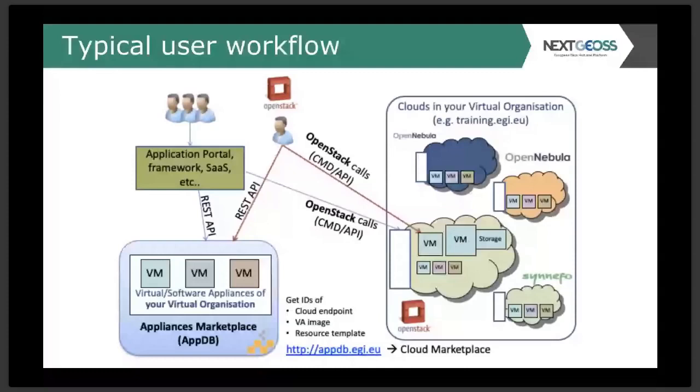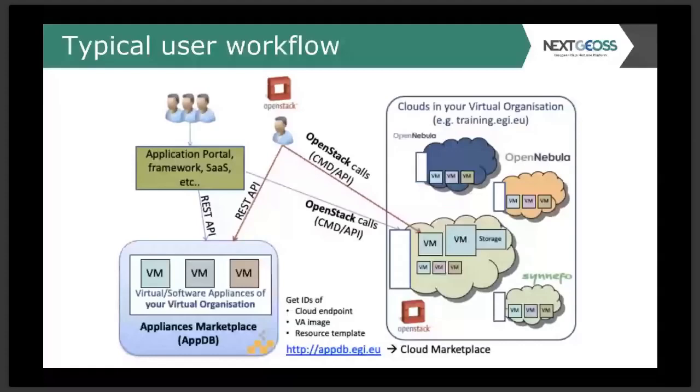And then the users can discover the virtual appliances that you can deploy in the cloud at our applications marketplace. This can be discovered via a REST API or via a portal that we maintain.